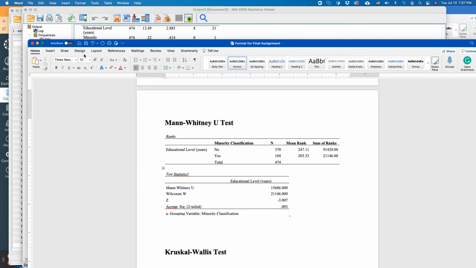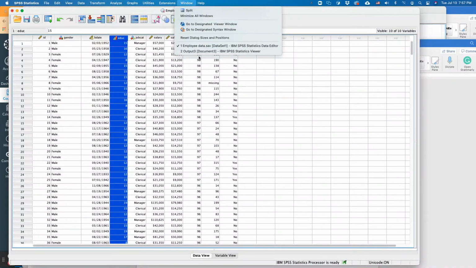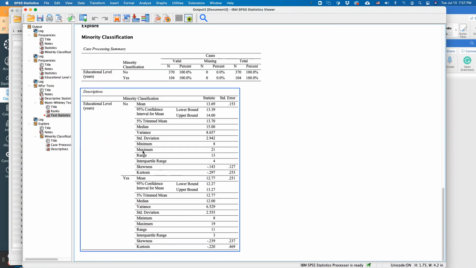And we can even add the median values, where we would say the median years of education for non-minorities is 15, and for minorities it's 12.